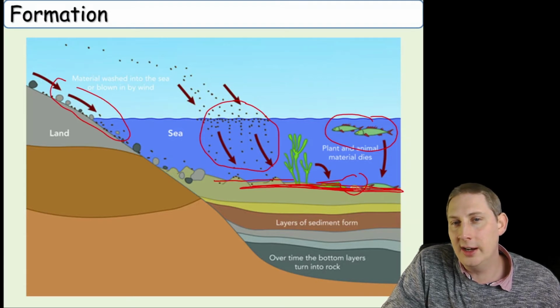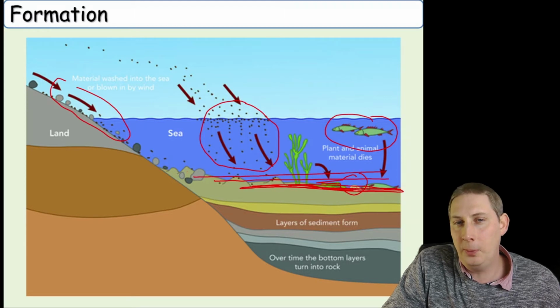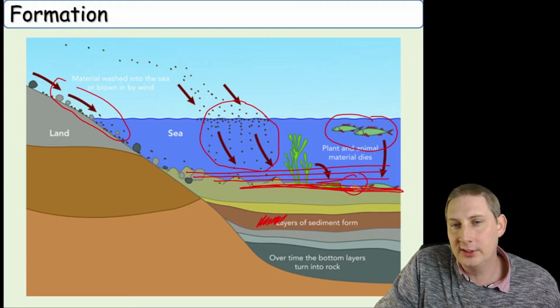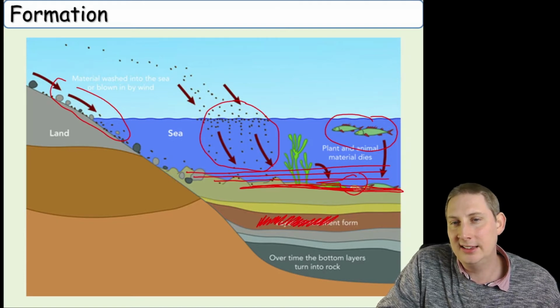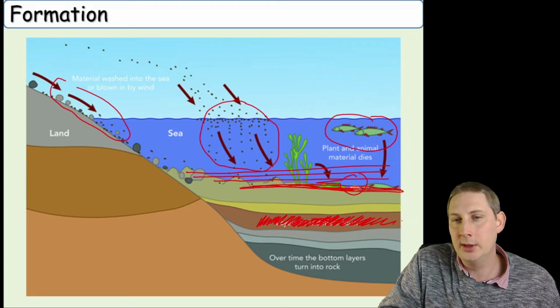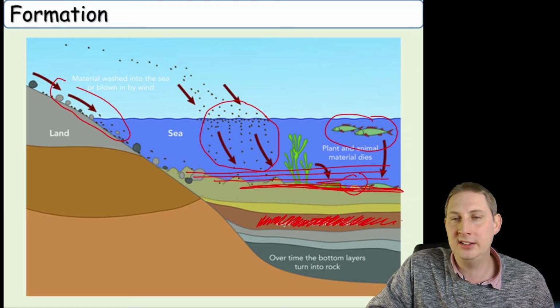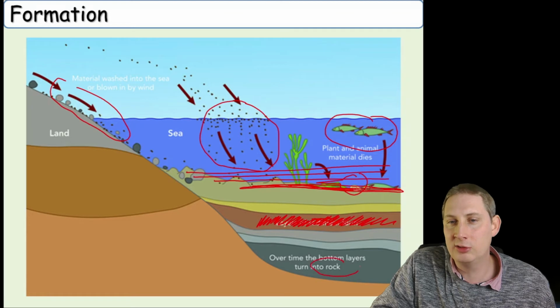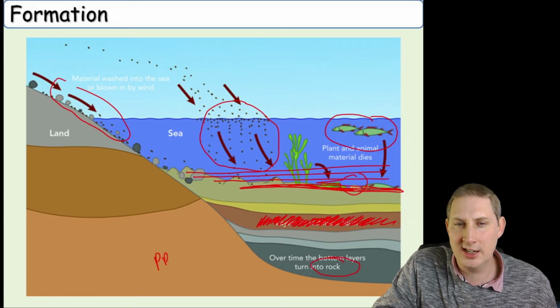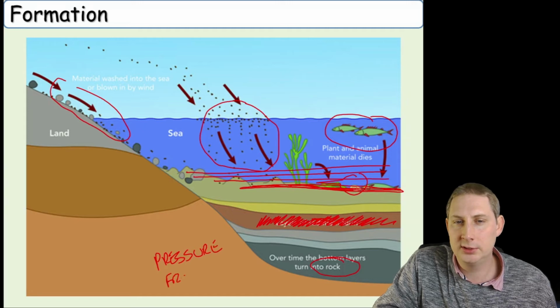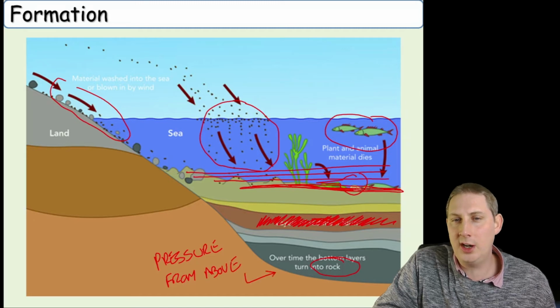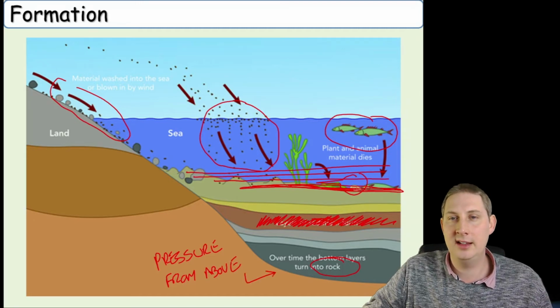Over time, more and more layers build up on top of these dead sea creatures, and that forms a compacted sediment which over millions and millions of years will turn into rock because of the pressure from above. And as I said, we'll do this in far more detail next topic.